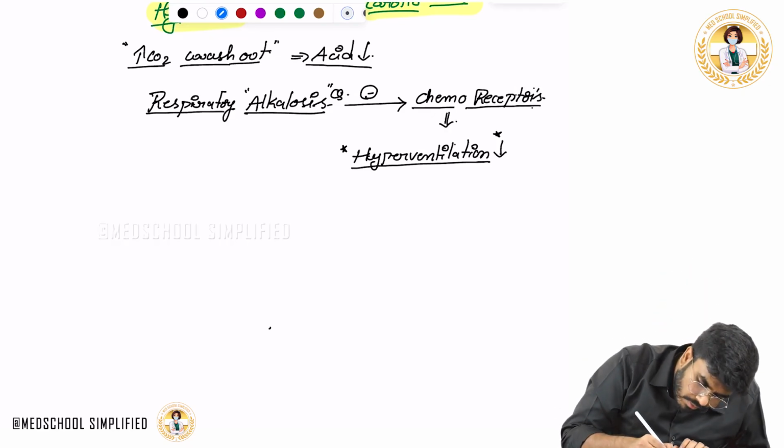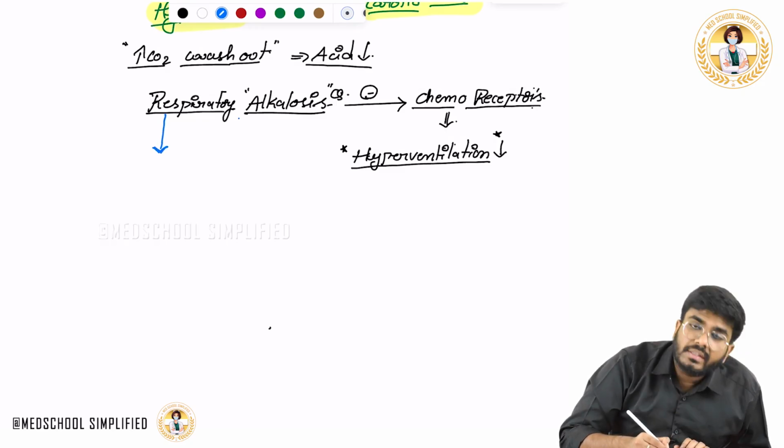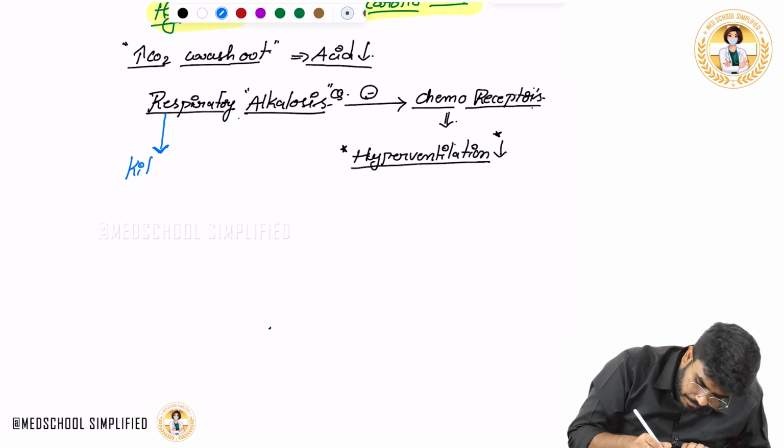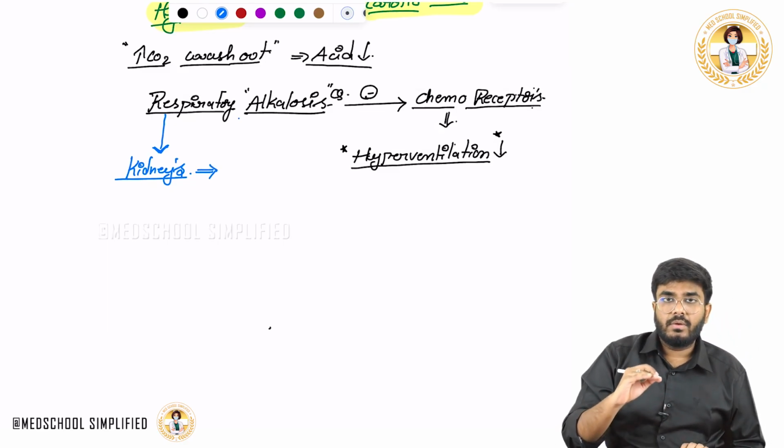So now, to balance this alkalosis, we have certain counter-regulatory things like the kidneys. What are your kidneys going to do? Kidneys are going to balance the pH.